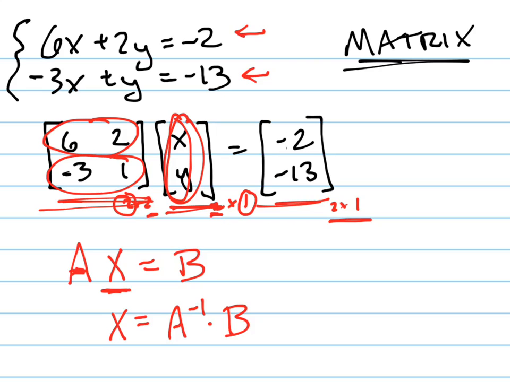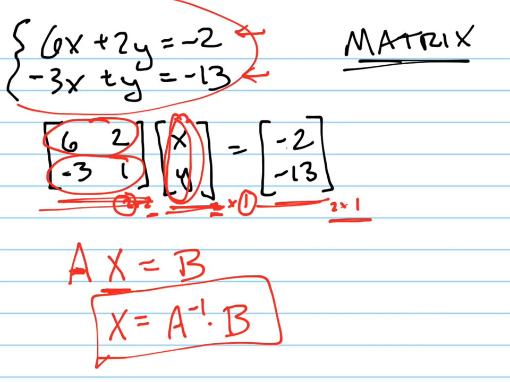So here's all you have to do. You ready for the shortcut? To find the solution to this matrix equation, to this system of equations, go to your matrix button in your calculator, create a matrix called matrix A, and make it a 2x2 matrix and plug in all those values right there.